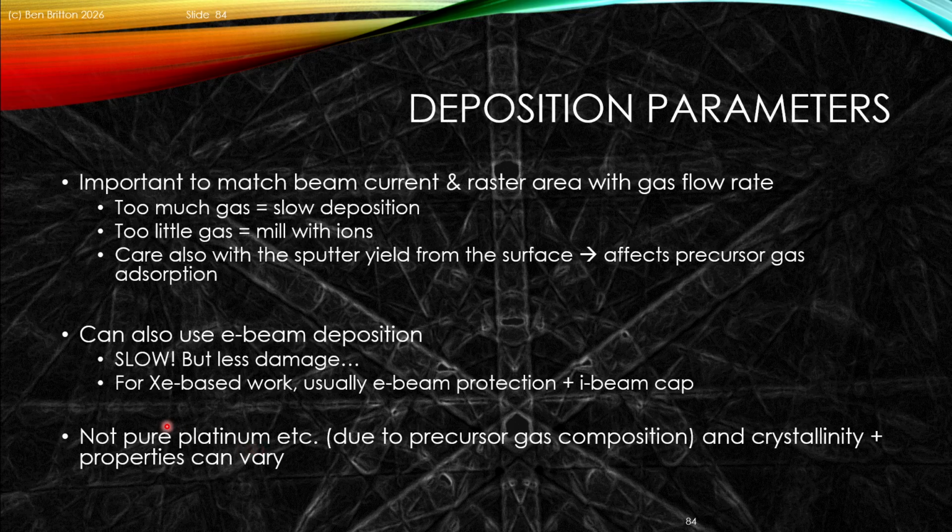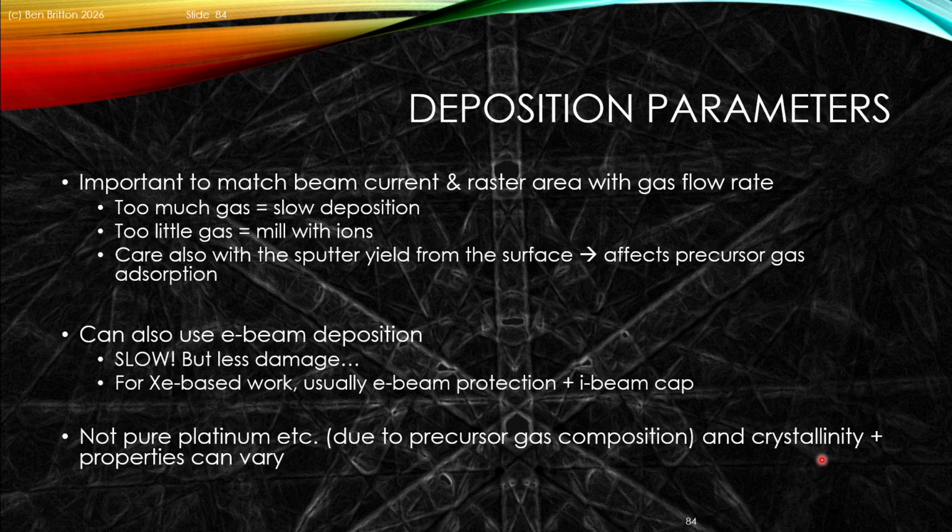I should importantly say that the organometallic system is not, of course, the pure metal, and this is related to the precursor gas composition and how that gas is breaking down. The way the deposition is done will also impact whether you get an amorphous deposition layer, which is the dream, or a crystalline surface layer.